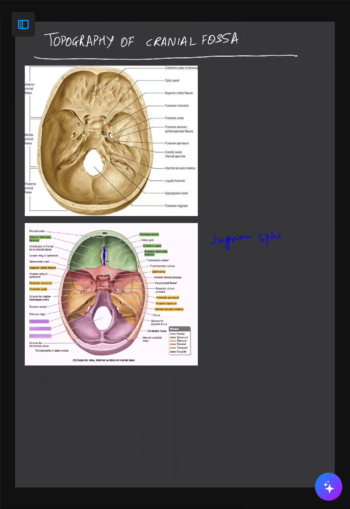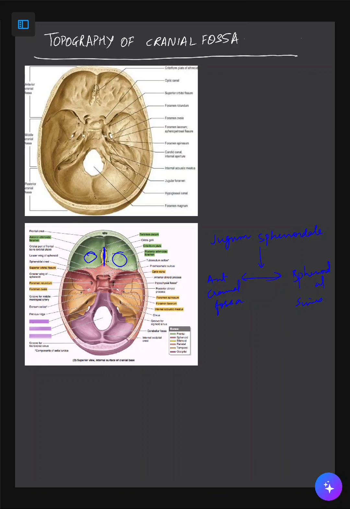And the orbital plate of the frontal bone separates the anterior cranial fossa from the orbit.